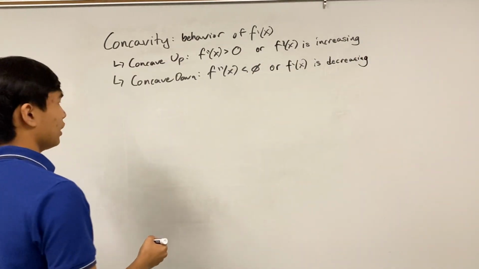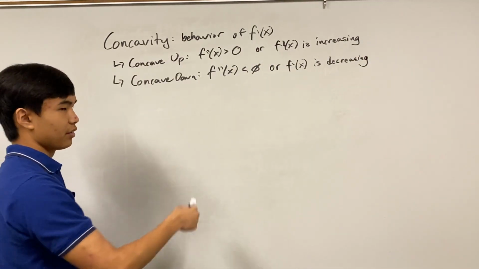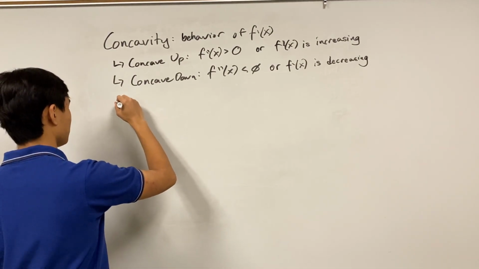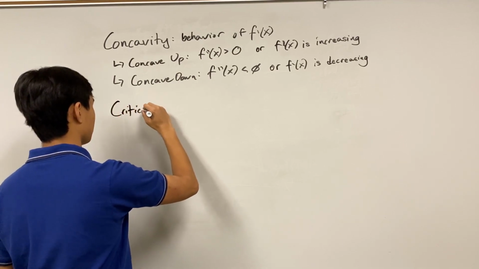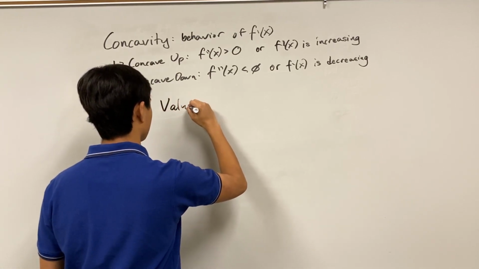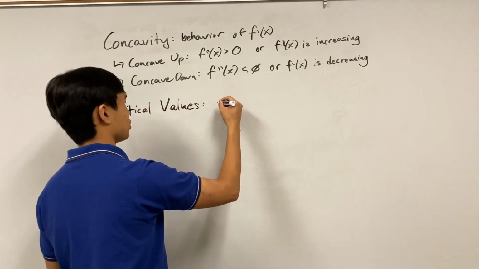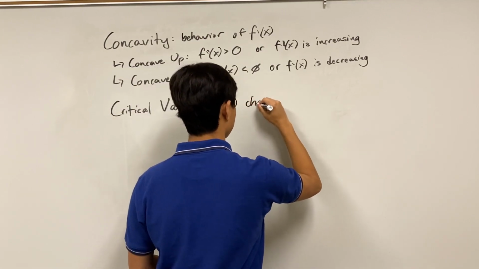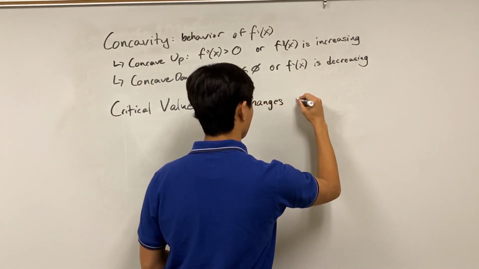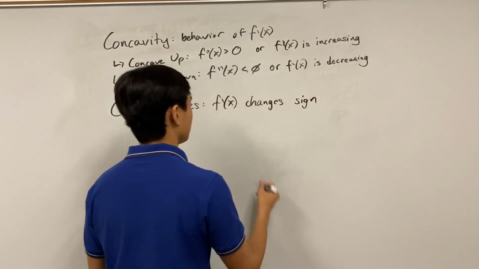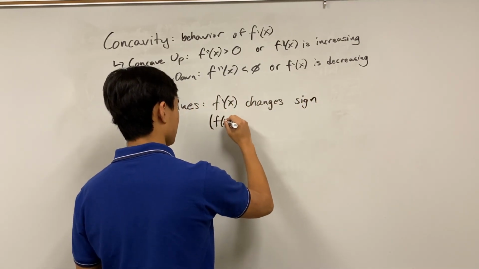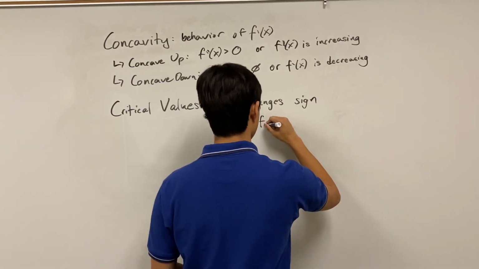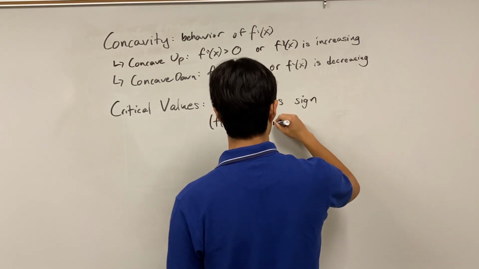And another thing is, for first derivatives, where the first derivative changed sign, those were critical values. So critical values are where the first derivative changes sign, or the function f of x goes from increasing to decreasing, or vice versa.